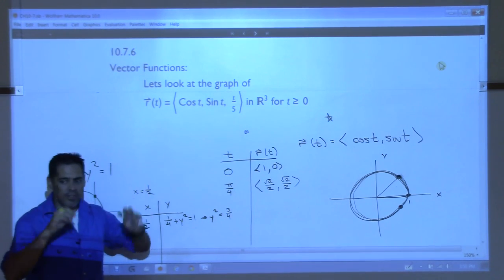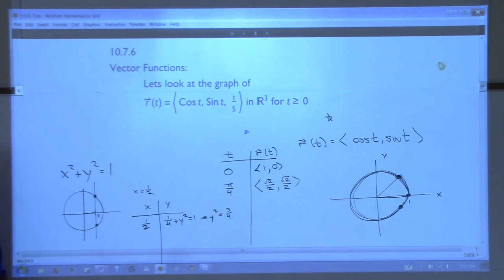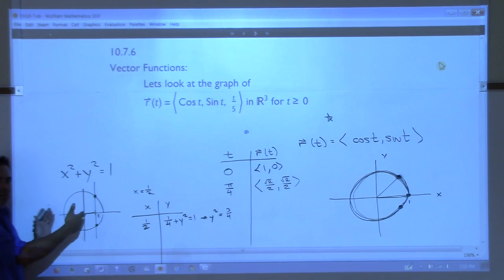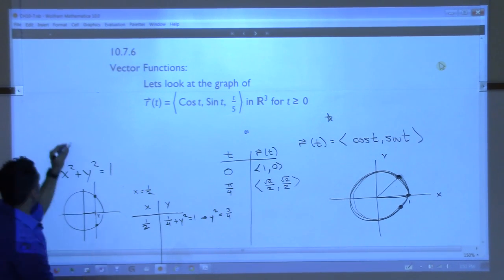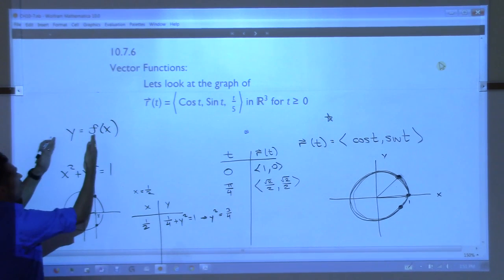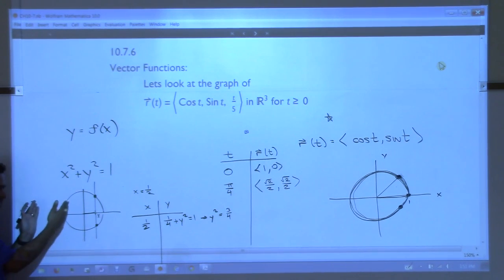And this is critically important in what we're trying to do, because we're very limited when we draw things in two-dimensional space using the idea of y as a function of x. When we do our calculus, if our calculus depends on this, we are limited in what we can actually do calculus with. We can't do this.